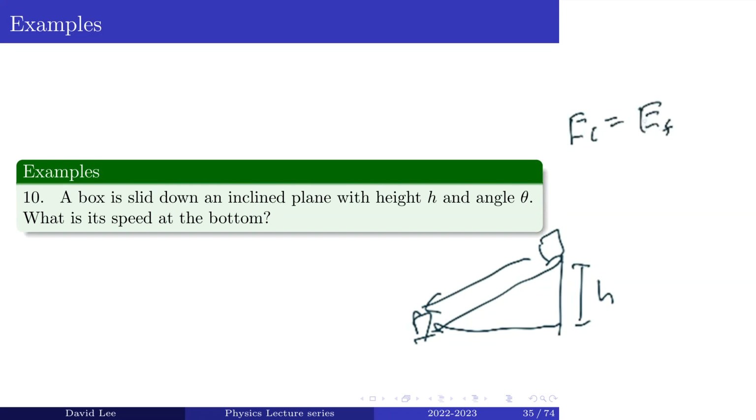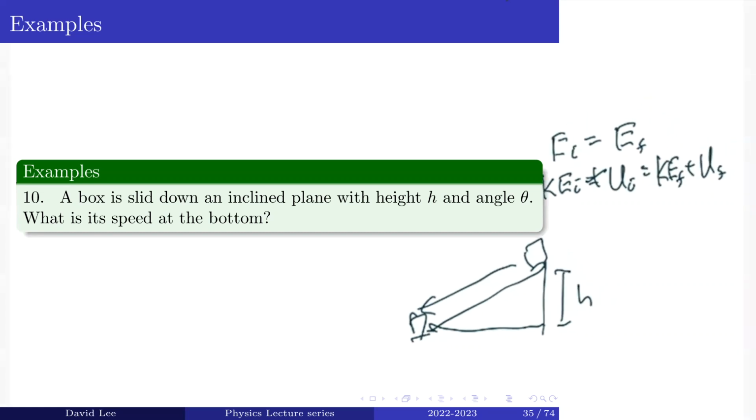And initially, there's no kinetic energy. So kinetic energy initial plus potential energy initial equals kinetic energy final plus potential energy final. Initially, there's no kinetic energy, and we have mgh gravitational potential energy.